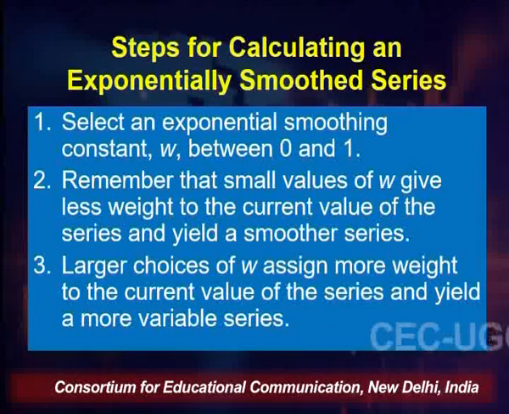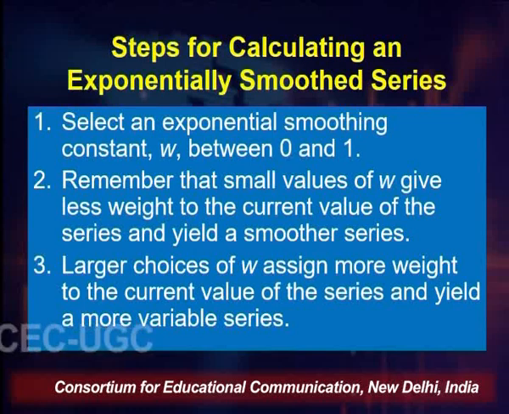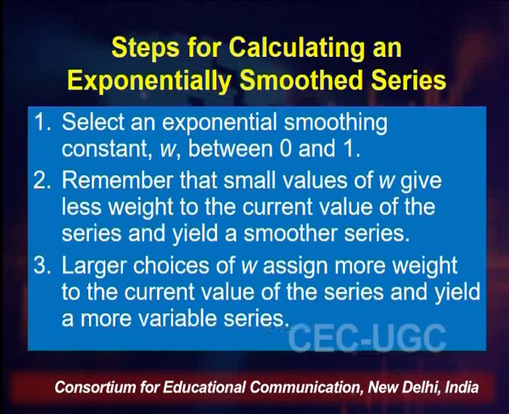And larger choices of W assign more weight to the current value of the series and yield a more variable series. So we have to assign W between 0 and 1, and if I say 0, the smallest value, then of course we are giving less weight to the current value, and we are giving greater weight to the previous values.